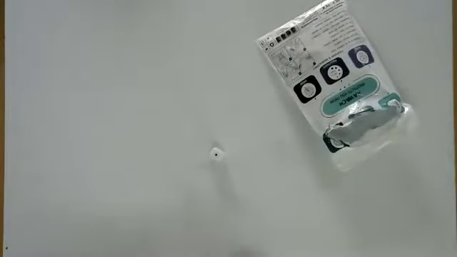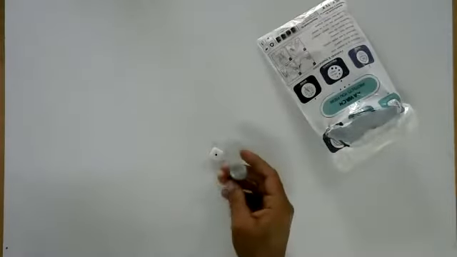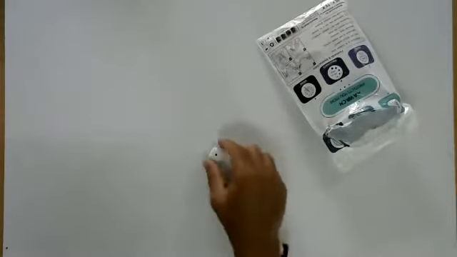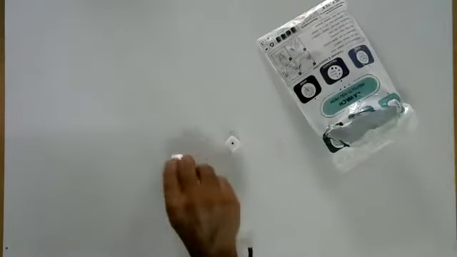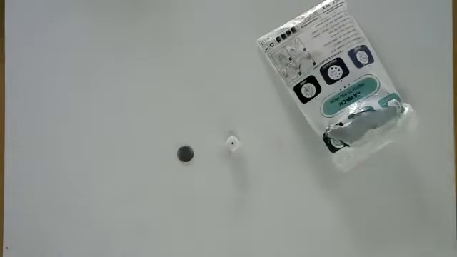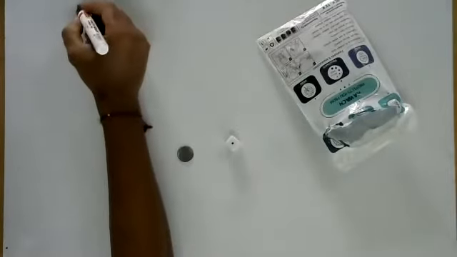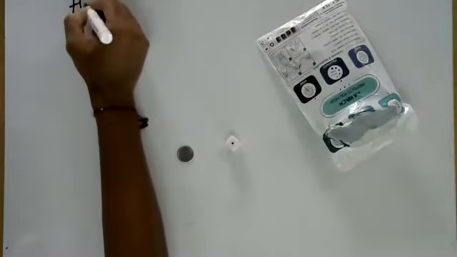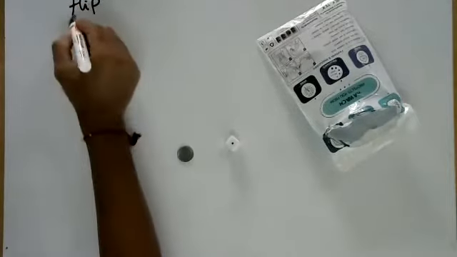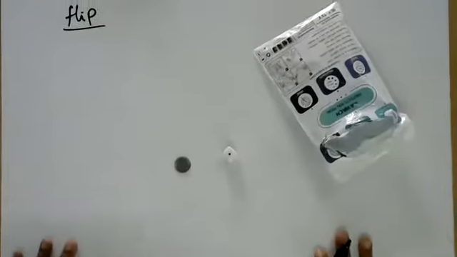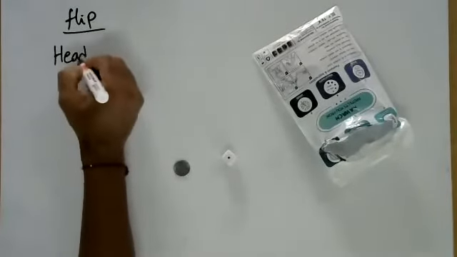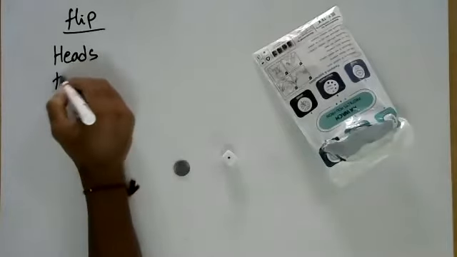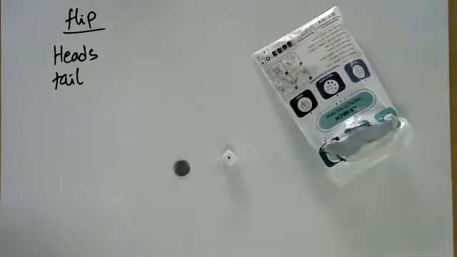So what I'm going to do now is two things. One is I'll roll the dice, and the other is I'm going to flip the coin. Now, what is the idea in doing that? If I flip the coin, I can get a head or a tail, right?